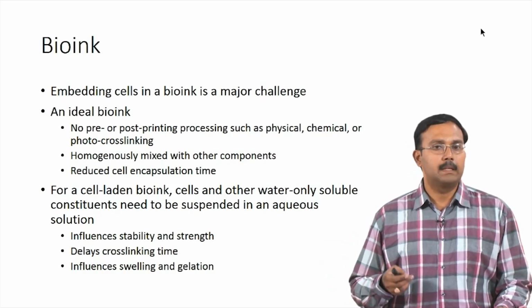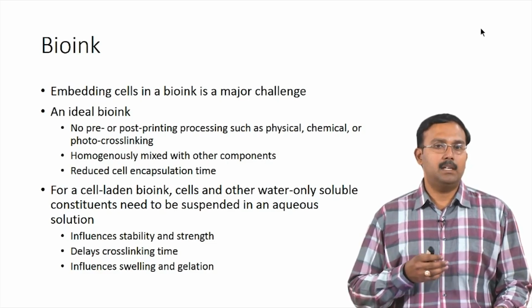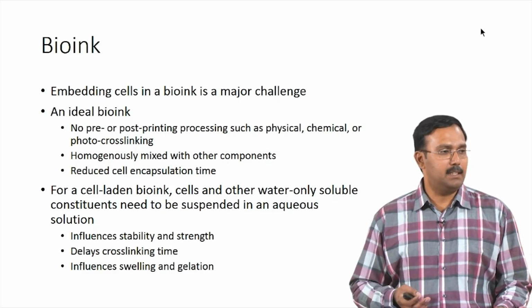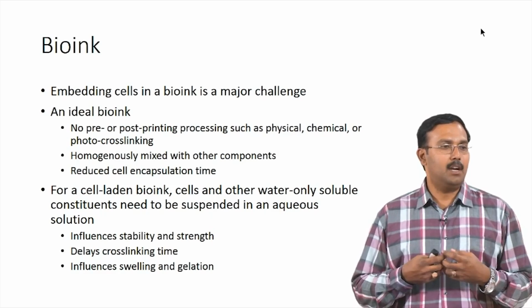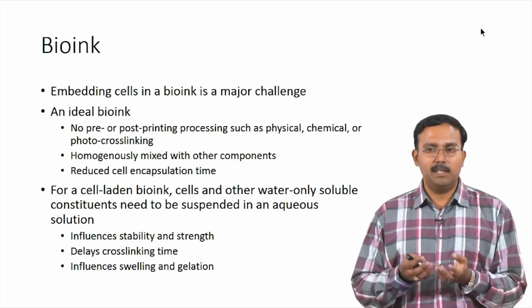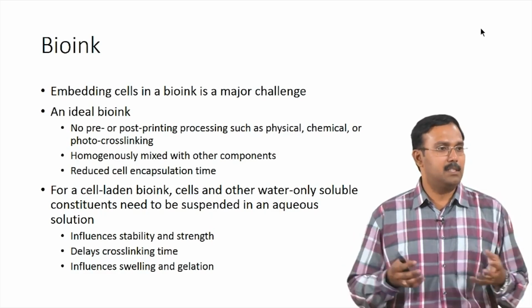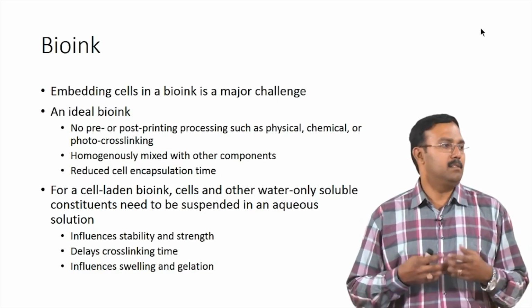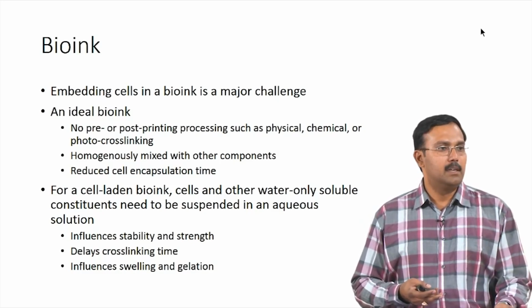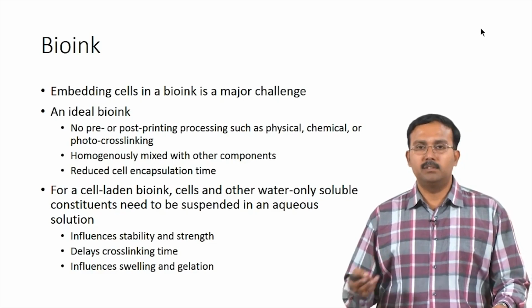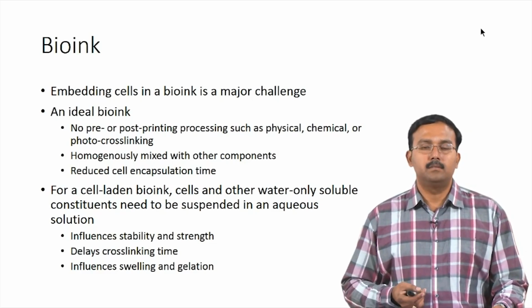So, you also have to have reduced cell encapsulation time, in the sense that it should not take a long time for the cells to actually be engulfed by, or dispersed in this, and if that is going to be the case, then the cells are probably going to die. So, you would want it to have a short encapsulation time.